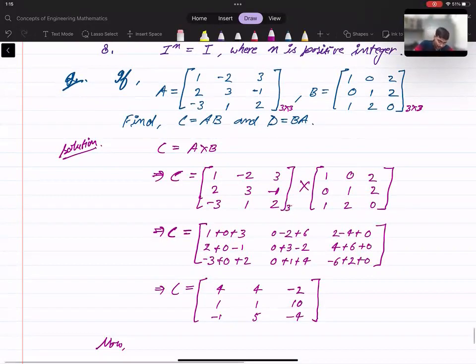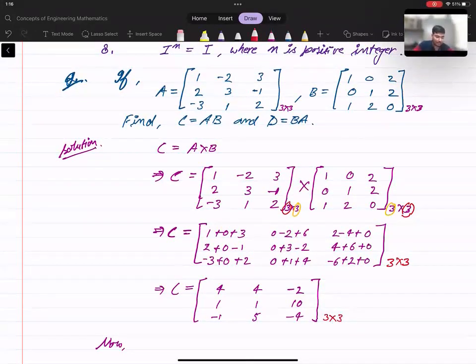Means if this is 3 by 3 and if this is also 3 by 3, so these dimensions were matching, and the final dimensions that we got came out from these values. Okay, so these are the final dimensions, 3 by 3, 3 by 3 we got here. So we need to keep in mind the dimensions also.